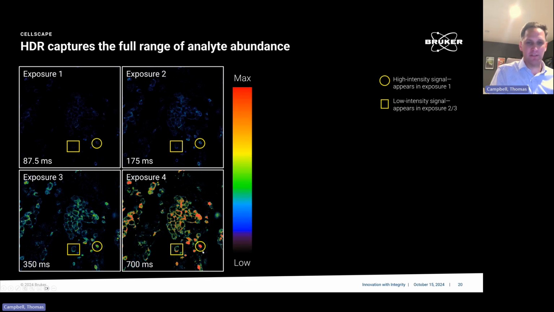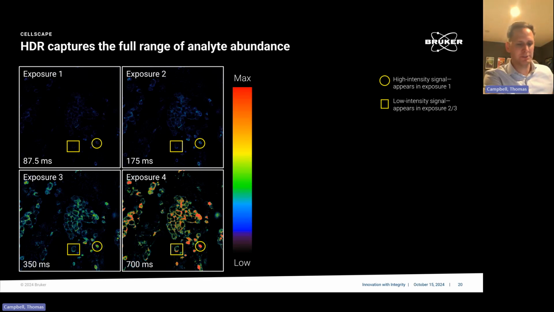And what that means, again, is that if you have saturated pixels, you can detect that the pixel is there and the protein is there, but you can't really quantify how high the expression is because the detector is saturated. And the main takeaway from this is that there is no one single exposure that is optimized for quantifying the expression of protein on both the high expressor and low expressor cell simultaneously.